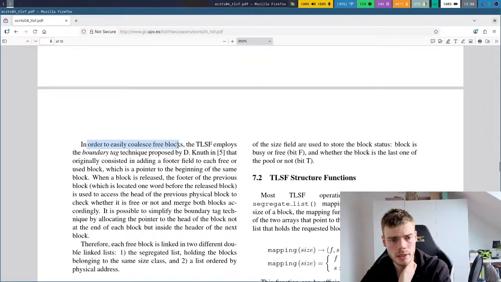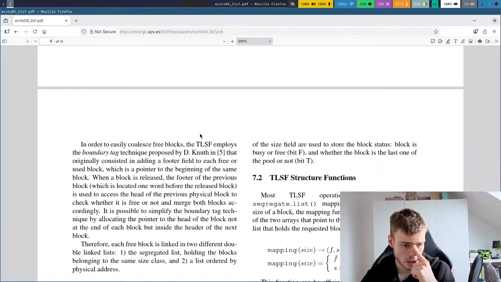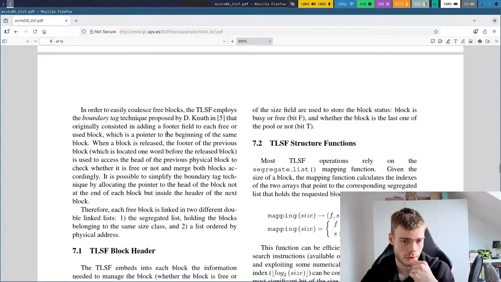In order to easily coalesce free blocks, the TLSF boundary tag originally consisted in adding a footer field to each block, pointing to the beginning of the same block. When a block is released, the footer of the previous block, located one word before the released block, acts as the head of the previous block.